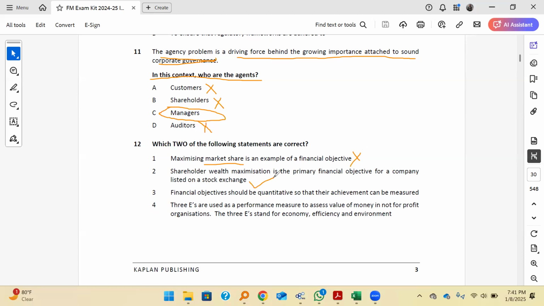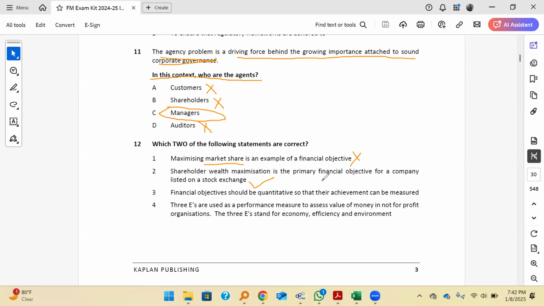Because when you're listed on a stock exchange, it means that you are a company which is in it for profit. Okay, that's why you are listed. You don't find NGOs listed on stock exchanges.